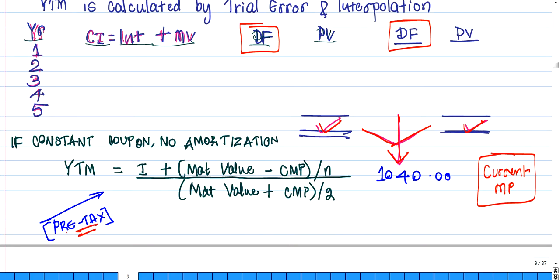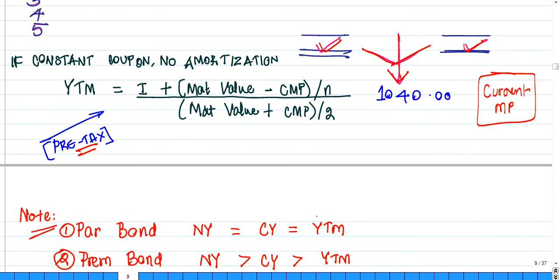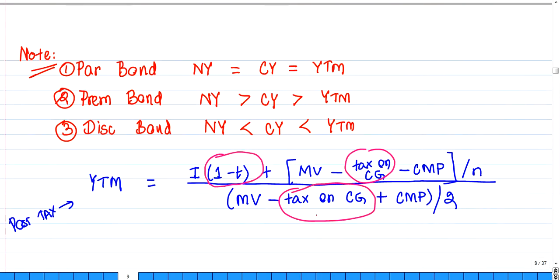Very important, pre-tax, otherwise 1 minus T will come if it is post-tax. Interest plus maturity value minus current market price divided by N, over maturity value plus current market price divided by 2, that is the YTM. Again, important note, for a par bond, nominal yield is equal to current yield, which is equal to YTM.